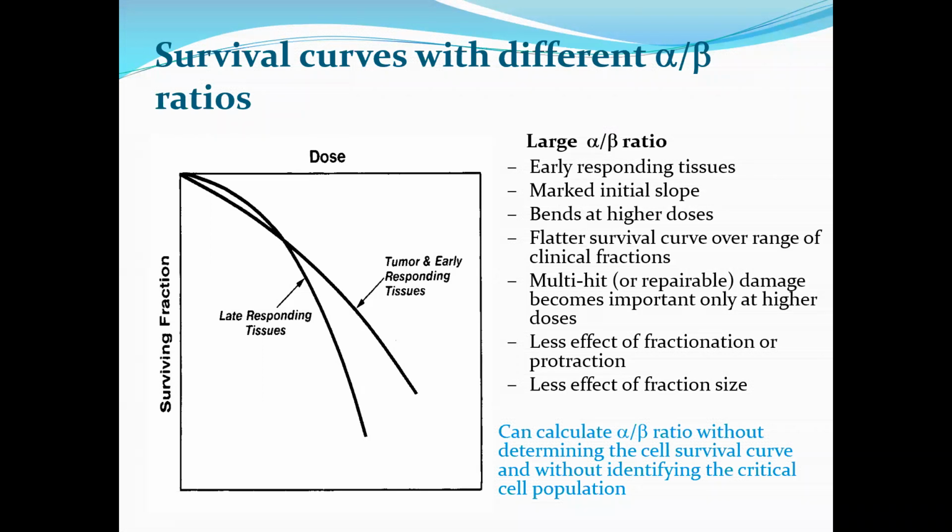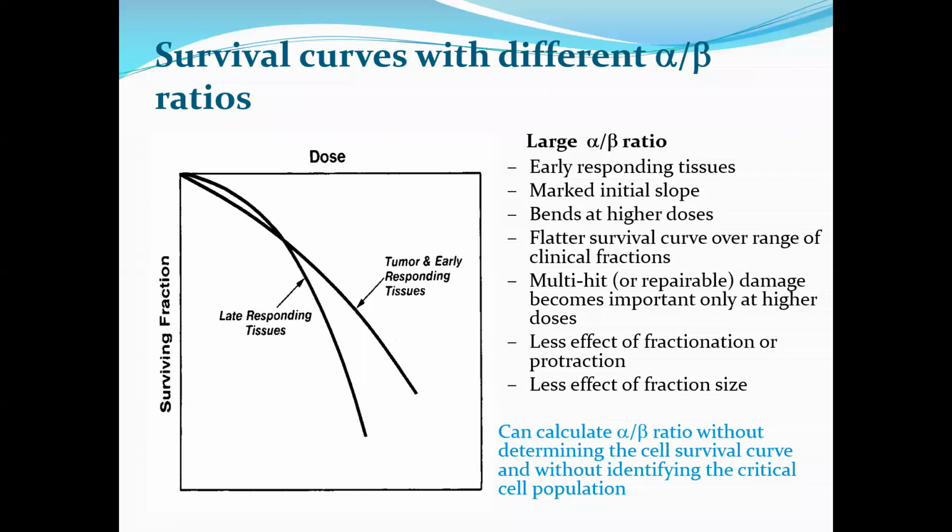And why is that? There is more damage to late responding tissues at higher dose than at lower dose due to less alpha by beta.